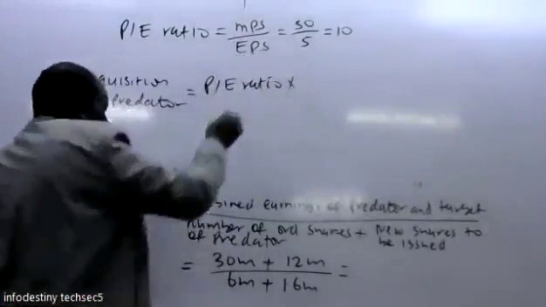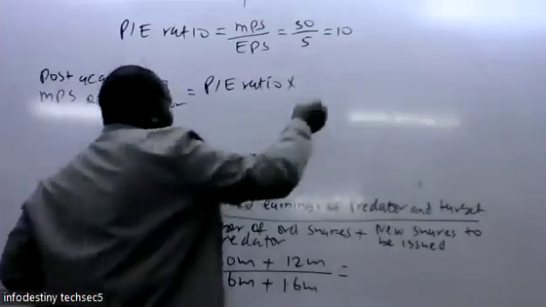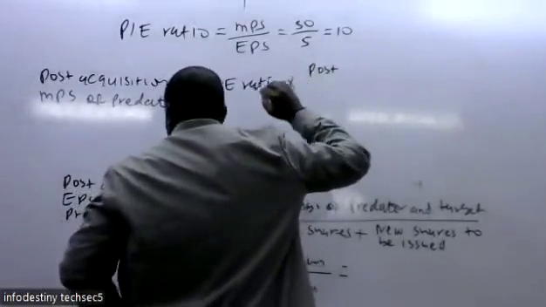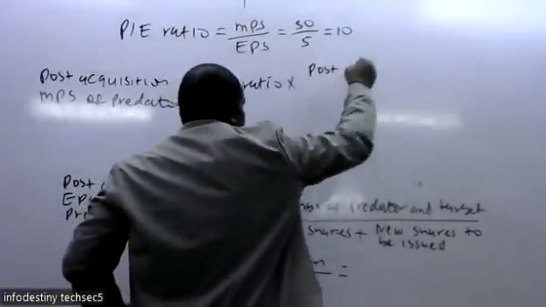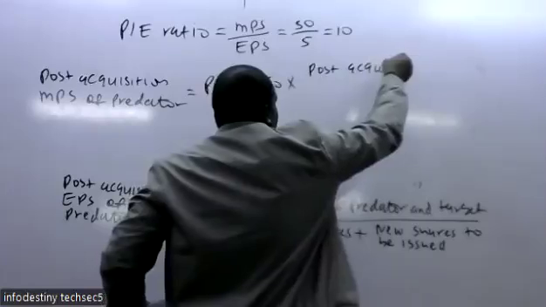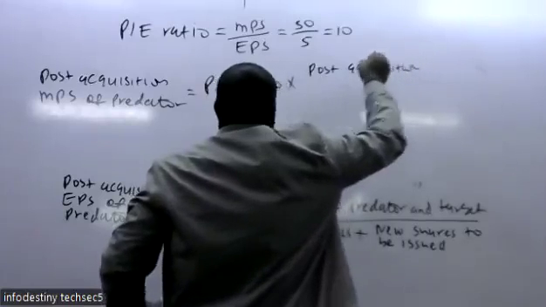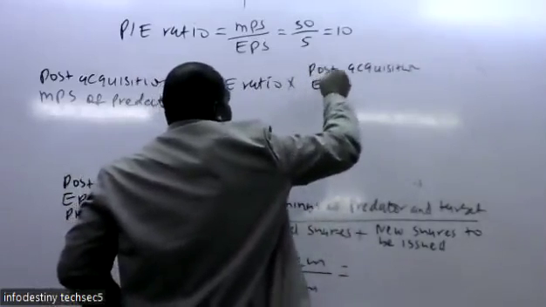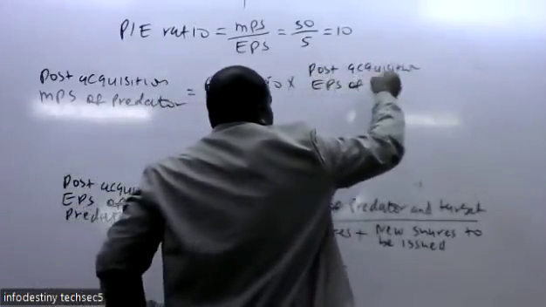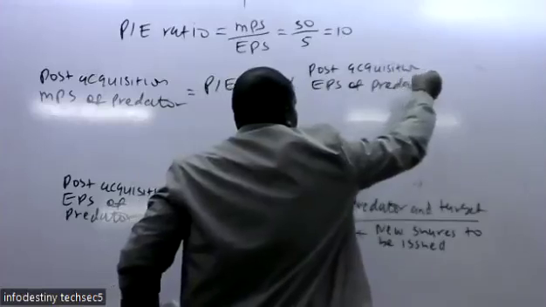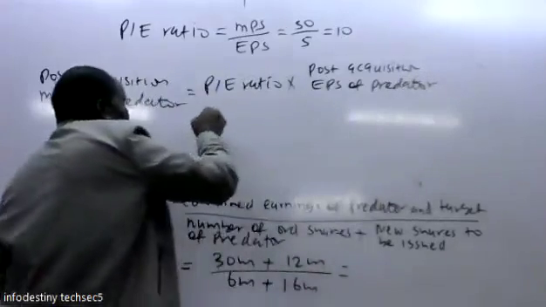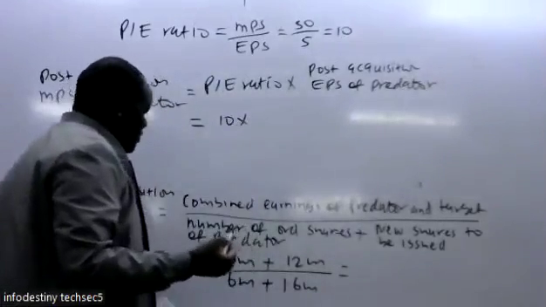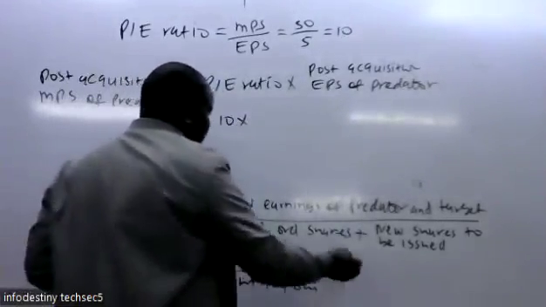This earning per share should be the one after the merger, so it is also multiplied by the post-acquisition or merger earning per share of the predator. The price earning ratio was 10, and the post-acquisition earning per share of the predator is 5.53.